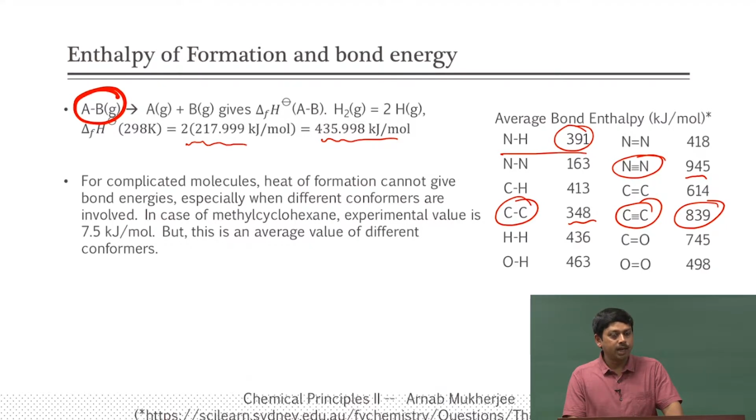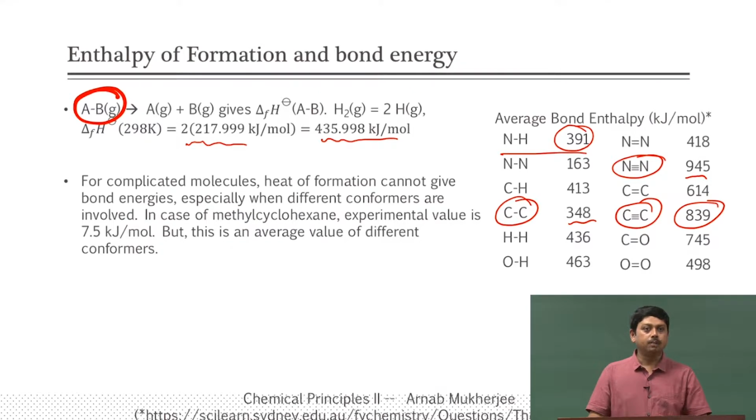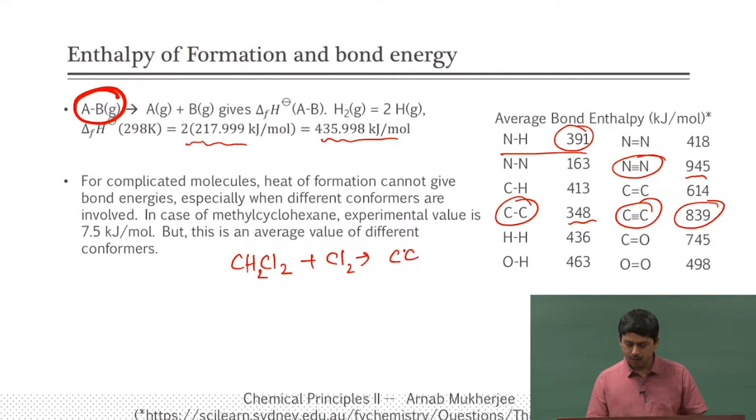For example, if I talk about CHCl3 going to CHCl2 plus Cl, or let us say CH2Cl2, or CCl4.